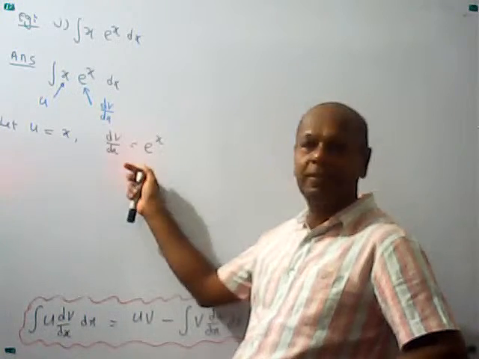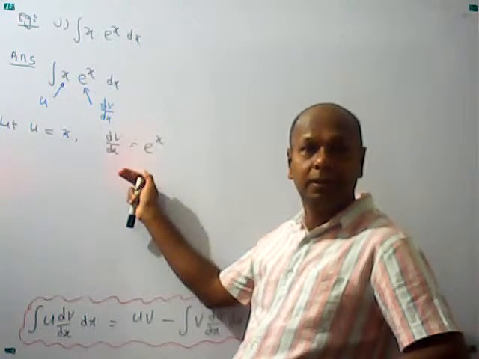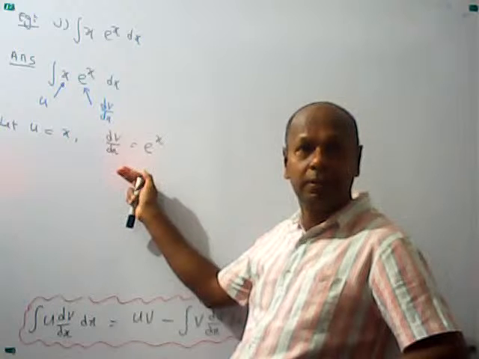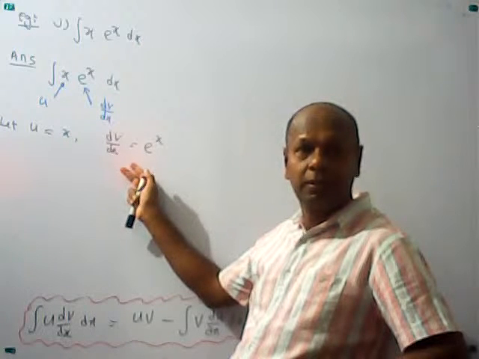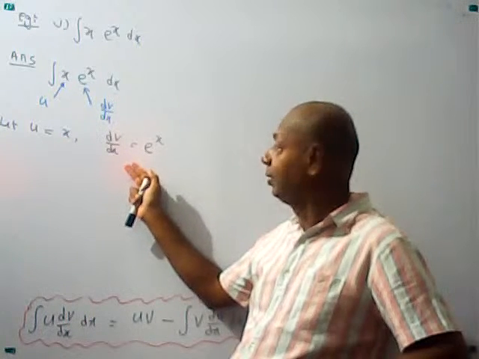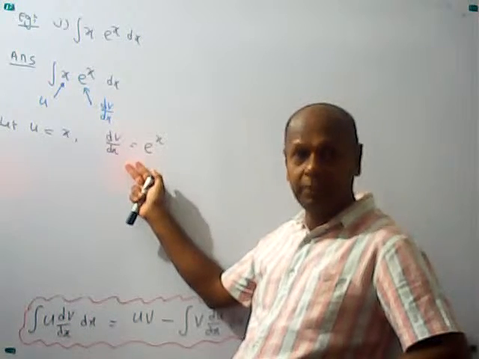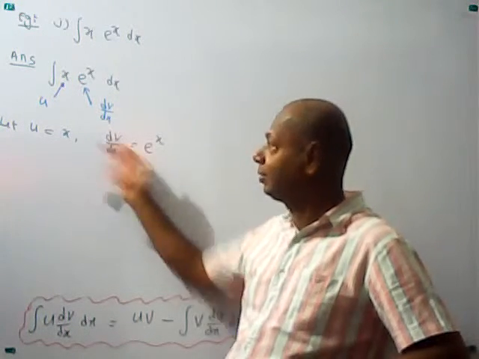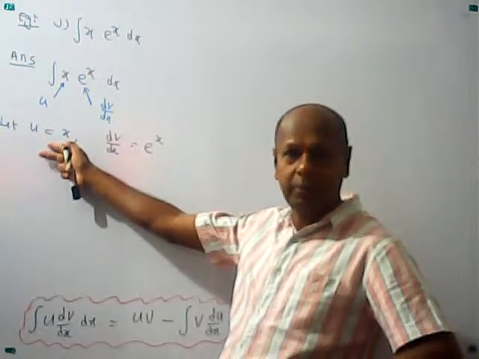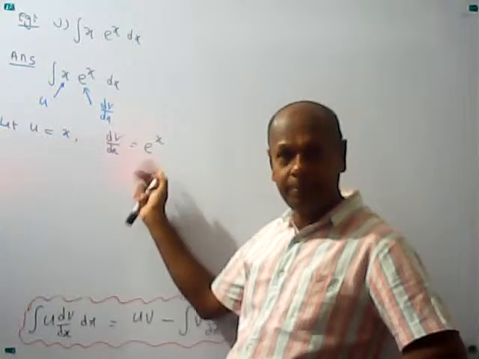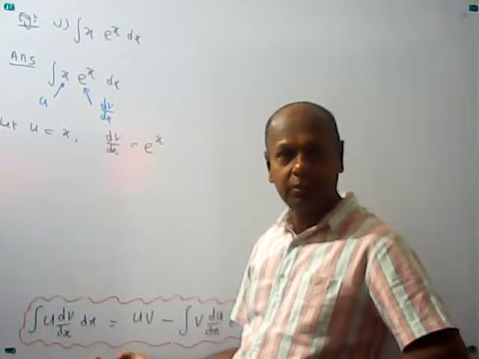V is the integral of this. du by dx is the derivative of this. We need to find them to substitute in the formula.